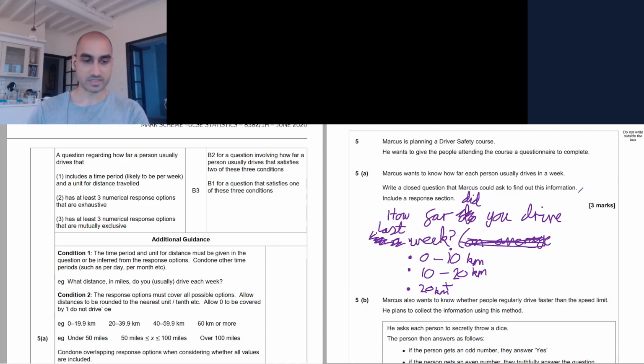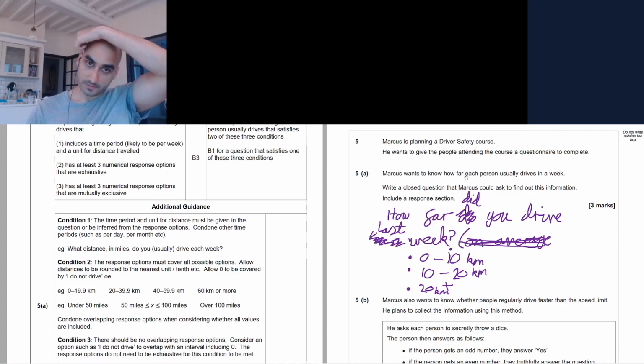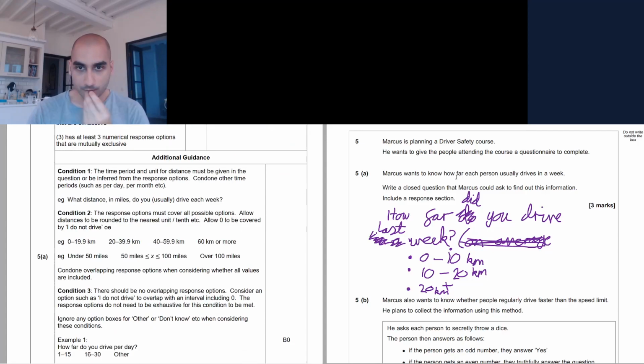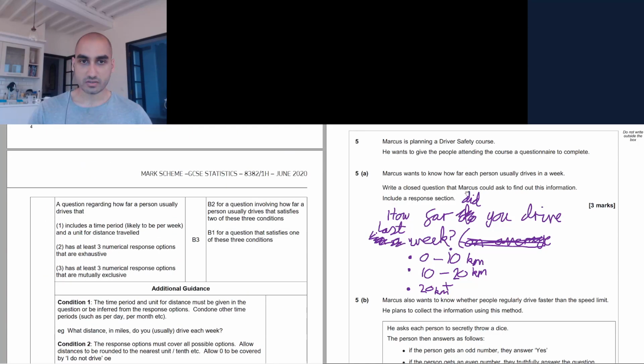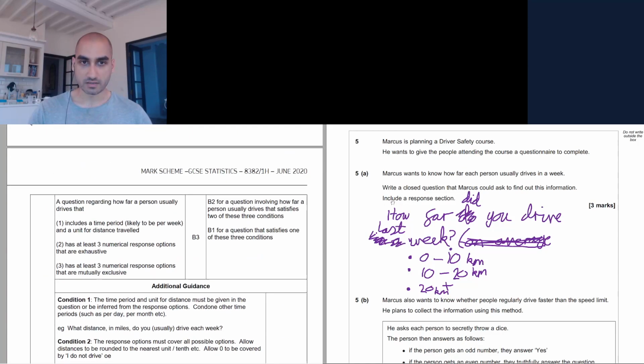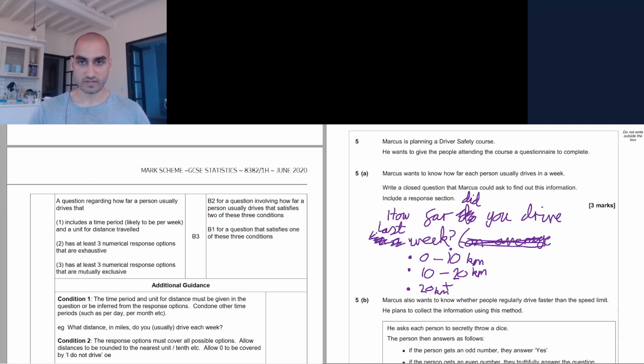Okay, let's have a look at the mark scheme. I reckon I would lose 1 mark for not satisfying the first bit, a question regarding how far a person usually drives.